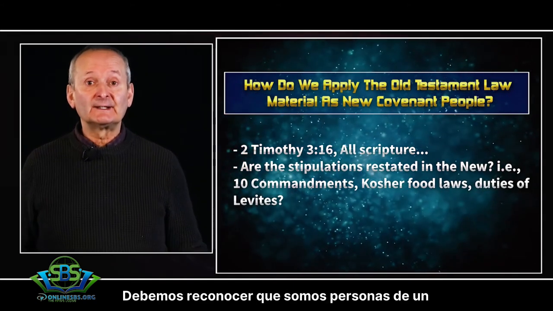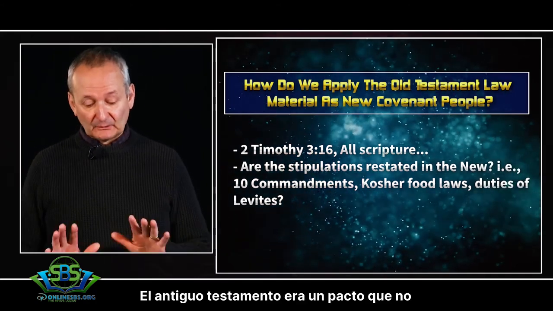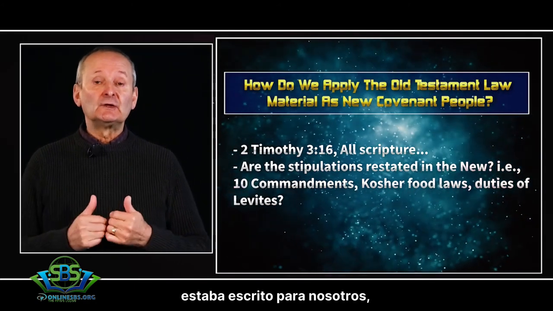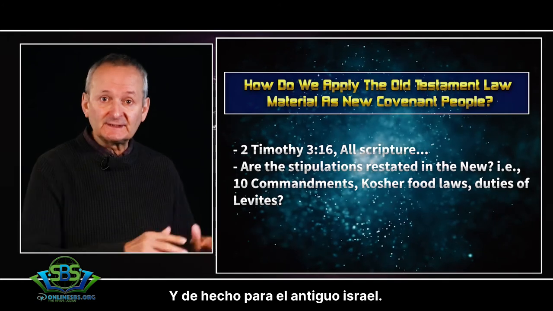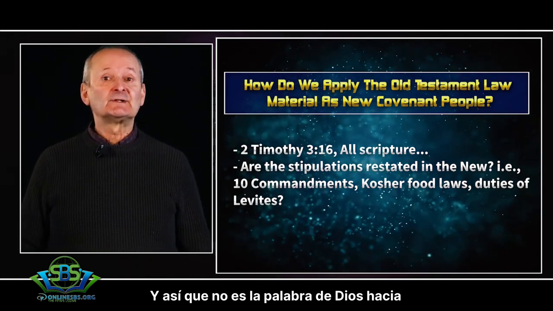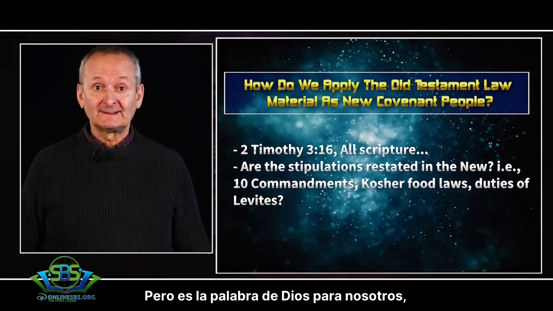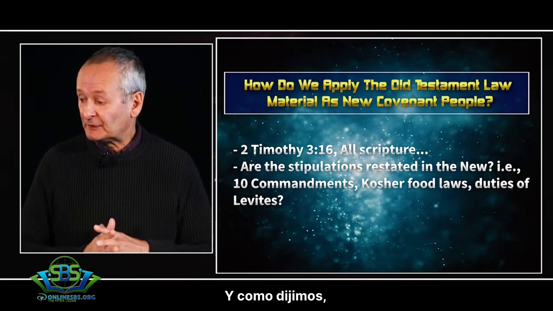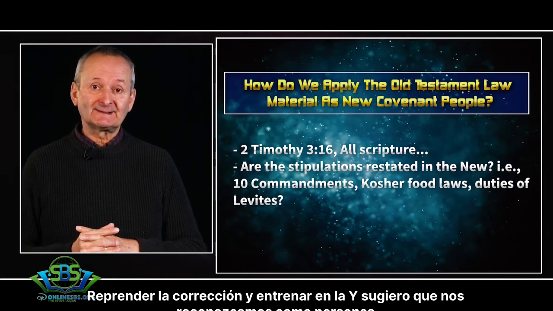Rather, we should recognize that we are people of a new covenant. The Old Testament was a covenant written not for us, but indeed for ancient Israel. And so it's not God's word to us, but it is God's word for us, because all Scripture is inspired of God, and as we said, profitable for teaching, reproof, correction, and training in righteousness.